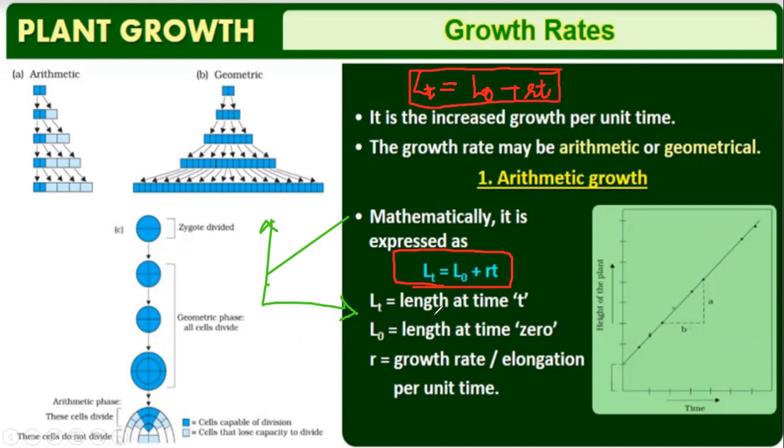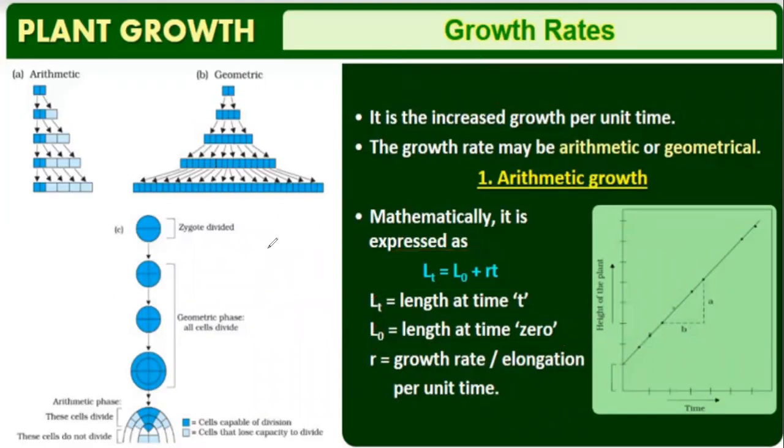Lt denotes the length of the plant at time t, L0 is the length of the plant at time 0, and r is the growth rate or elongation per unit time.